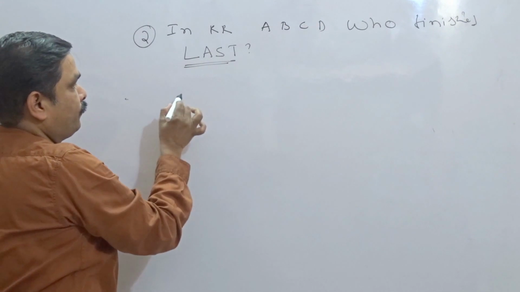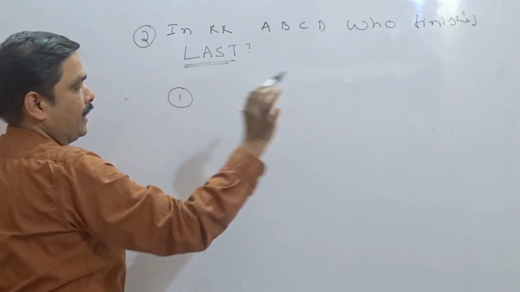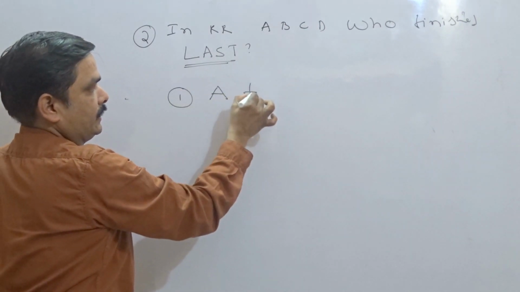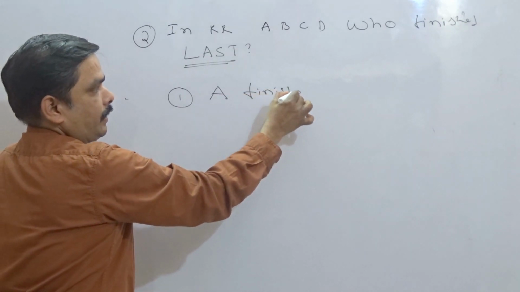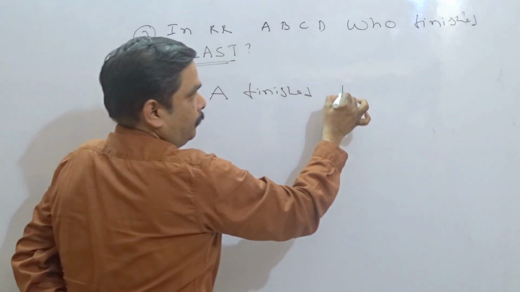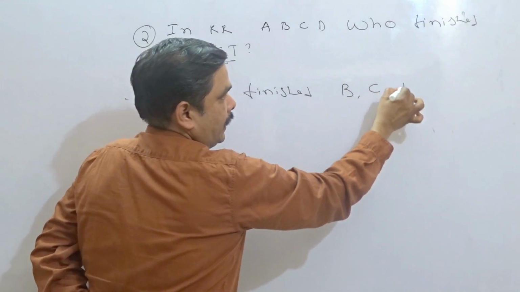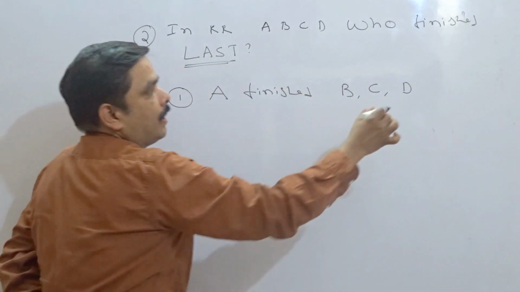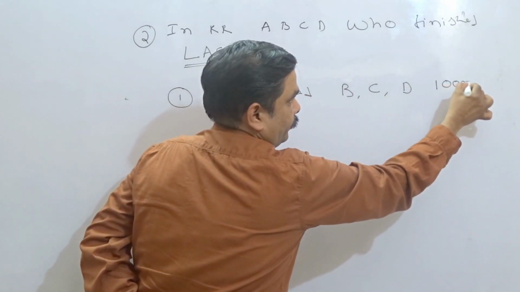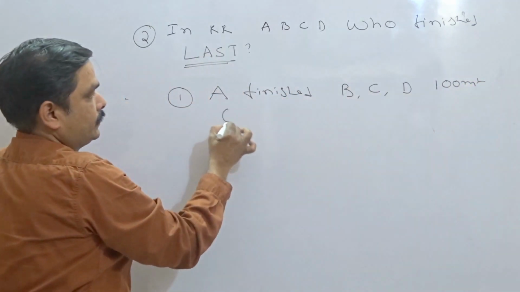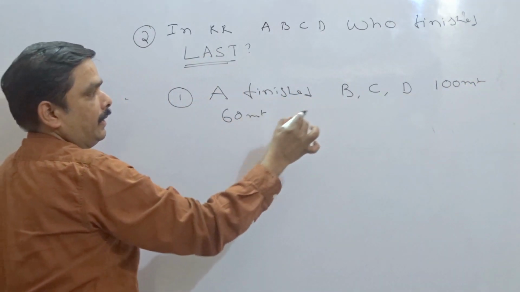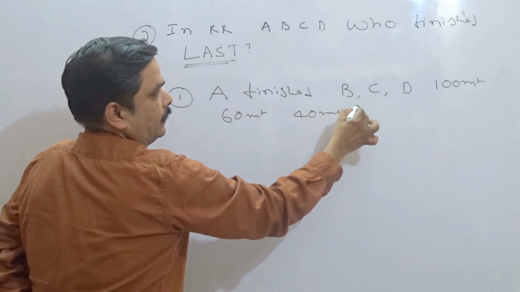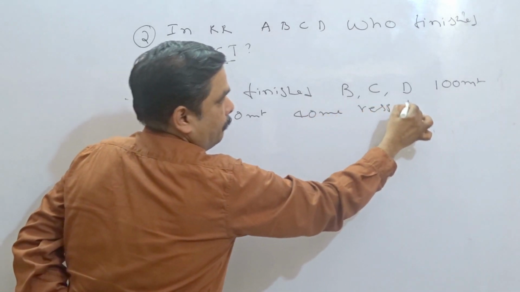Now they have given the first information like this. Statement 1: When A finished the race, B, C and D are 100 meters, let us say 60 meters and 40 meters respectively behind him.